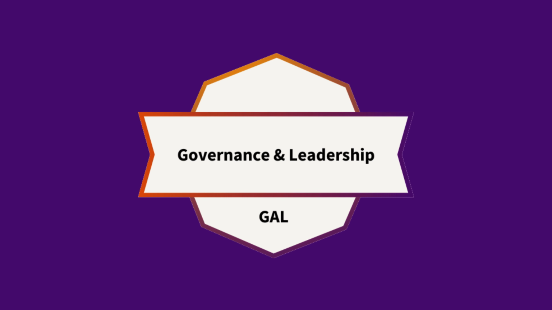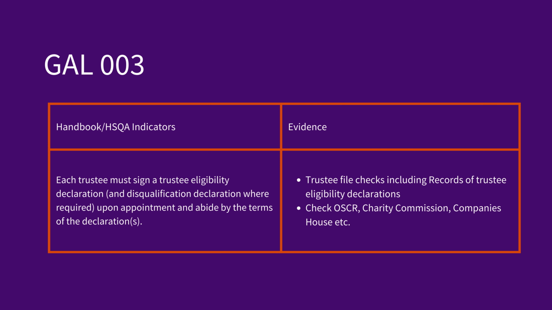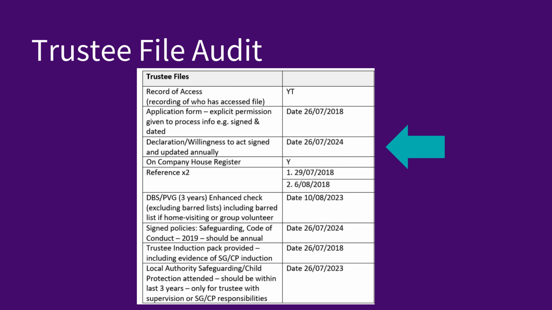So Yvonne, if we could now go back to the indicators, please. So looking at GAL 003, when you self-assess against this, you can look at the evidence that you found in your protecting families submission, because the trustee file audits cover trustee eligibility declarations.